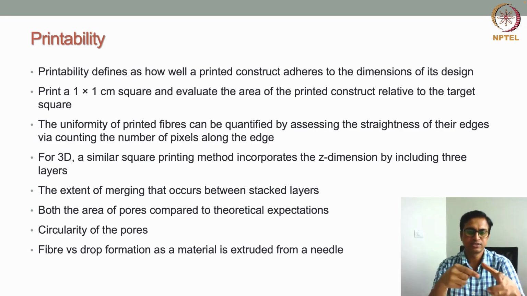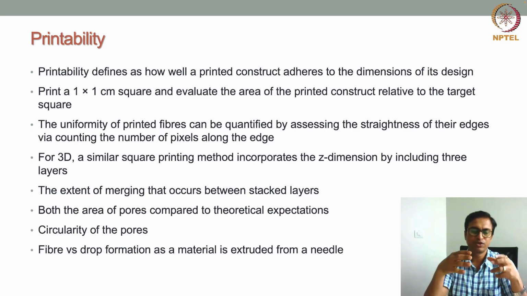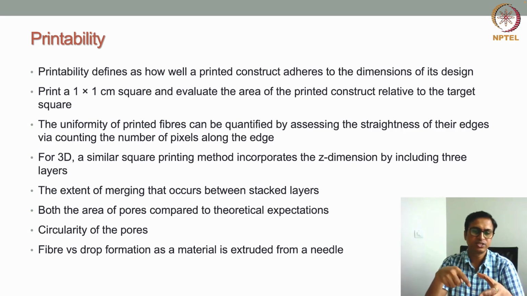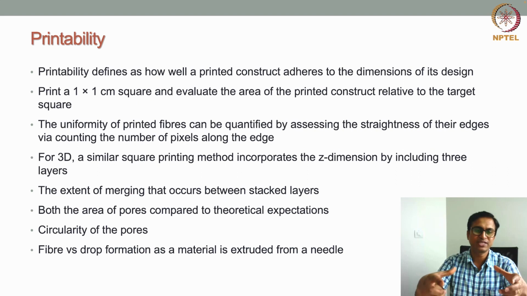In a lattice structure, suppose the lines of the first layer are designed facing a particular angle. Then in the next layer, the lines will be at 90 degrees to the preceding layer. So in this case, basically you can print squares.